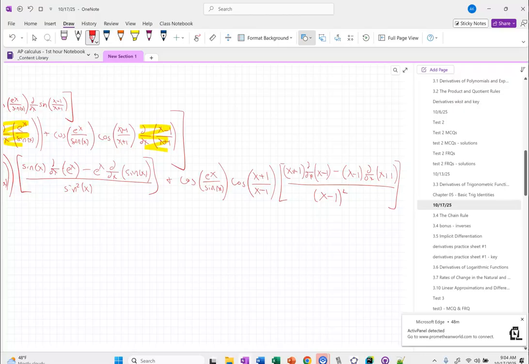That's awful messy. And then there's one more level to go where I differentiate the pieces inside the quotient. I'll let you guys finish that up on your own, because I know you're dying to try this one again.